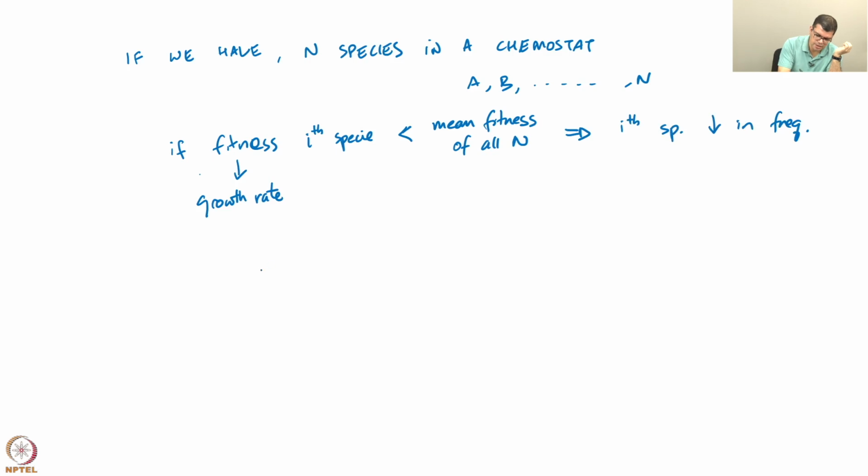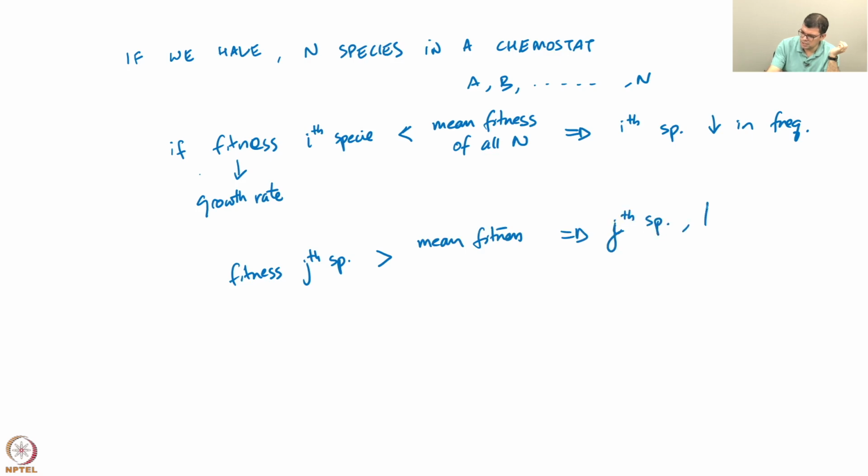On the other hand, if fitness of jth species is greater than mean fitness, this implies that the jth species will increase in frequency.